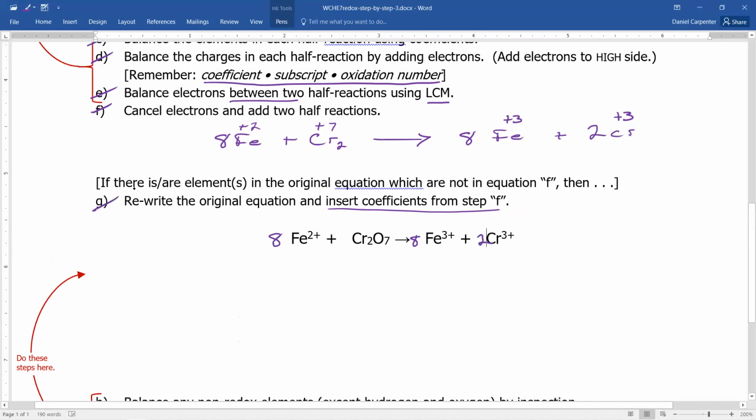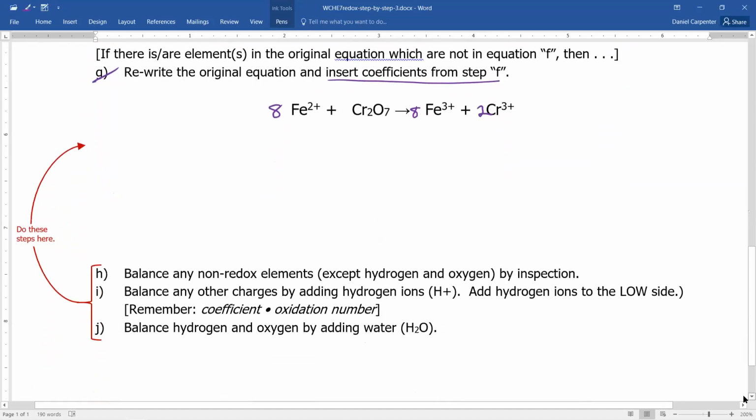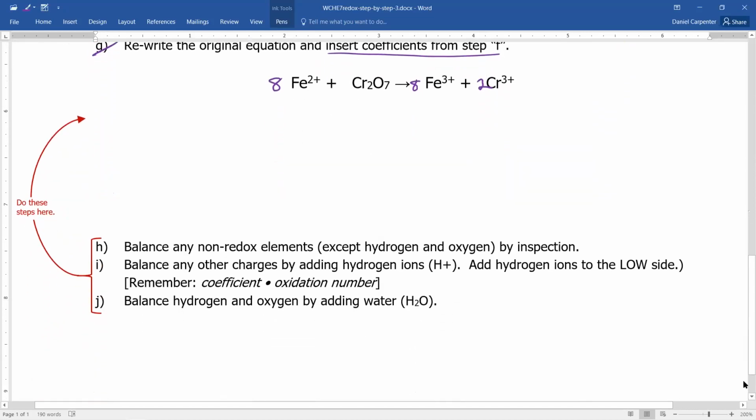Right? That's done. If you have questions, feel free to raise your hand and ask. Any non-redox elements? Well, all we've got there is oxygen, so this one won't apply this time.